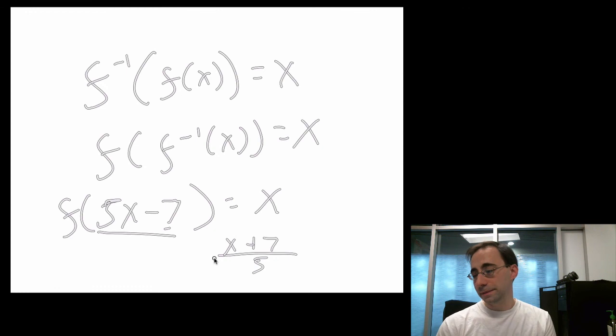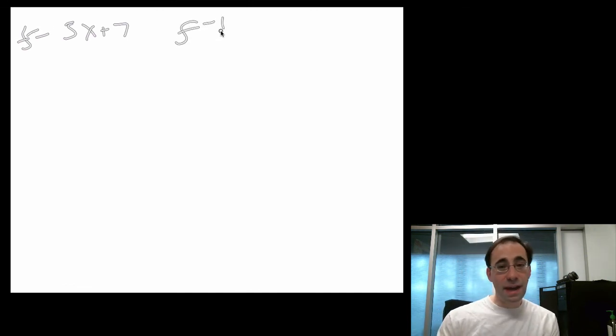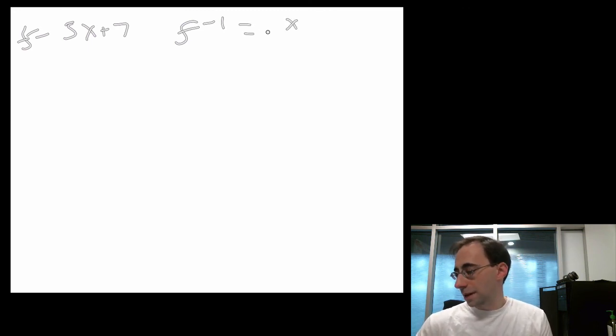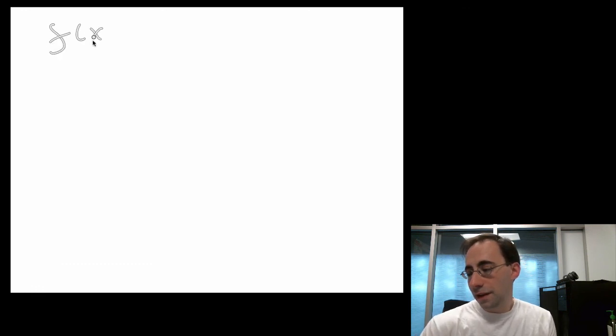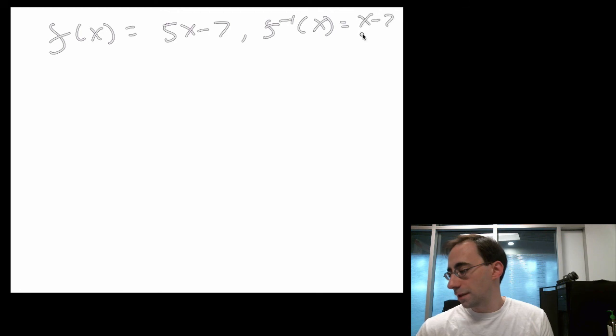And we can check that like so. Okay. So f of x equals 5x minus 7, and we're saying the inverse should be this, x plus 7 over 5.